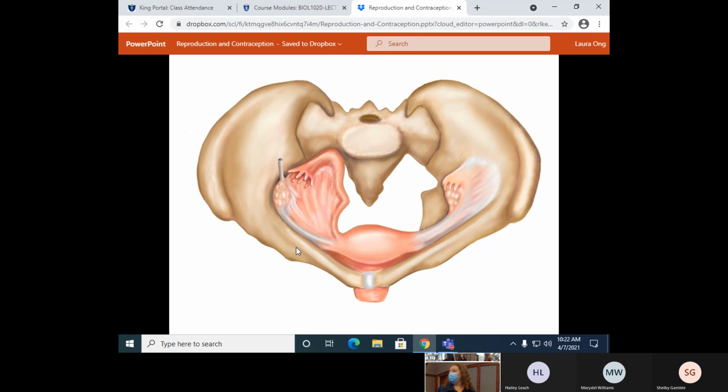So you've got ligaments, if you're female, and connective tissues that are anchoring reproductive structures basically to the front wall of the pelvis here. And we'll see some more examples of that in one of the next pictures. So those ligaments are anchoring somewhat these structures in place.